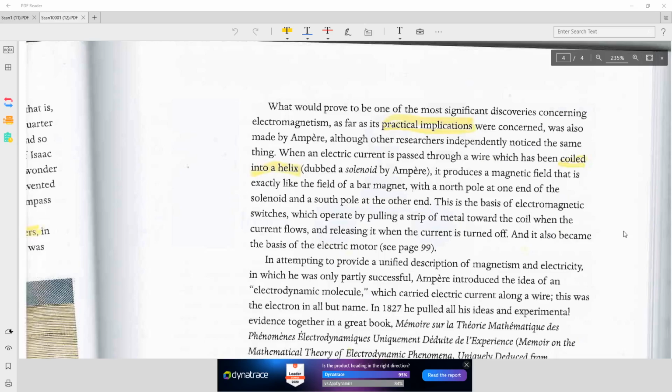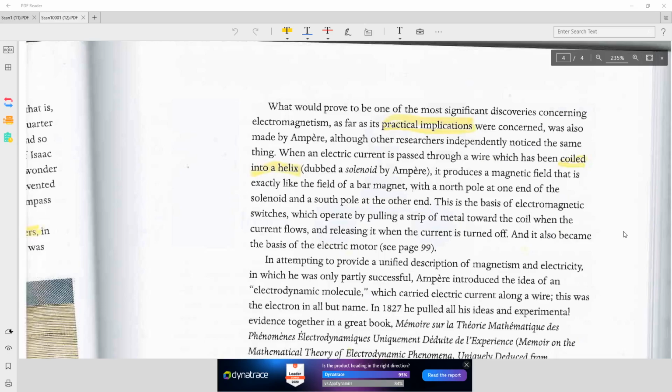When an electric current is passed through a wire which has been coiled into a helix, dubbed a solenoid by Ampere, it produces a magnetic field that is exactly like the field of a bar magnet, with a north pole at one end of the solenoid and a south pole at the other end.